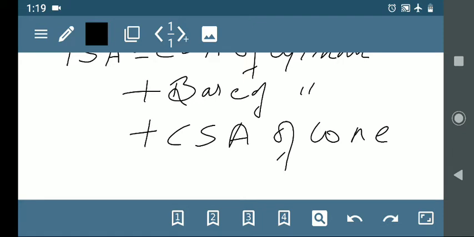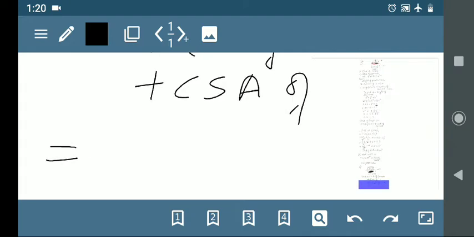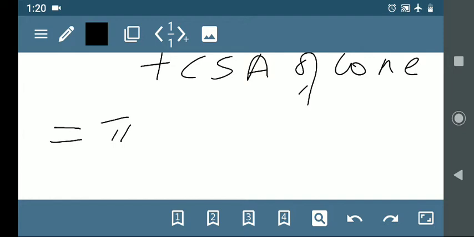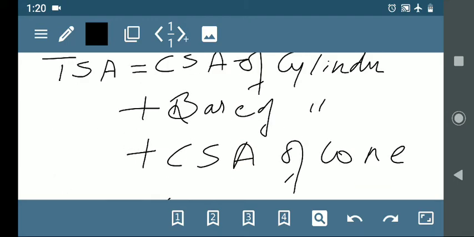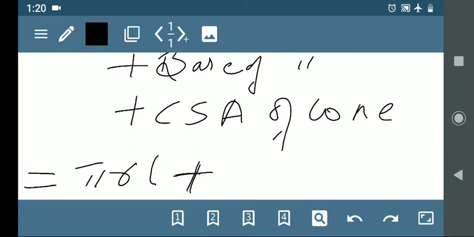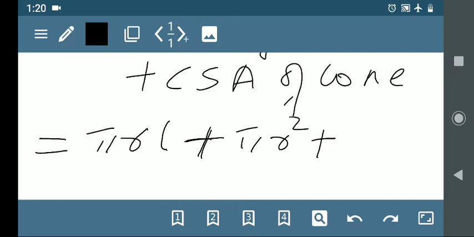So therefore, TSA: CSA of the cylinder is pi r L, plus the circular base is closed, so it is pi r square, plus CSA of a cone is, sorry dear students, let us see once again.